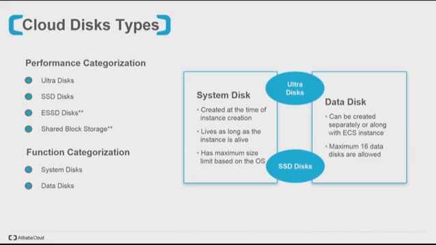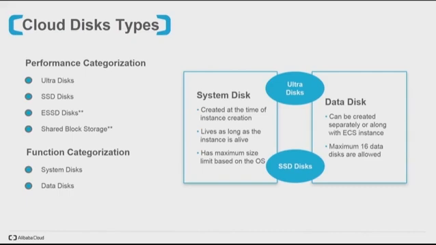And the other one I would like to mention is ESSD, extreme SSD. It is a level above the performance that SSD provides. Again, it is still in a beta testing phase, but the normal ones we offer in every region and every AZ are the ultra disk and the SSD disks.